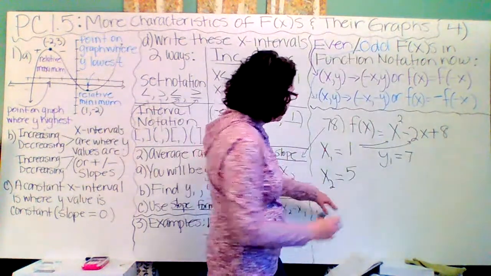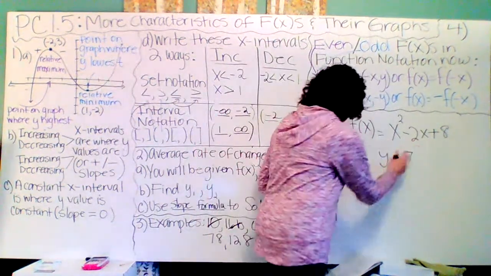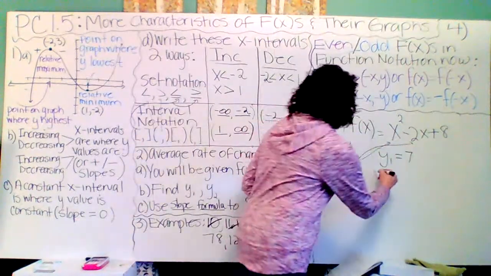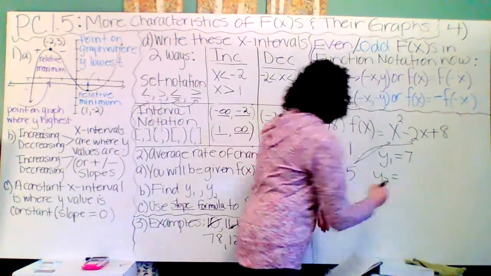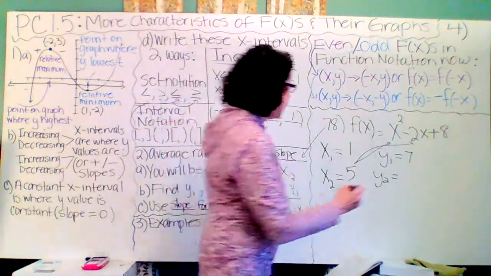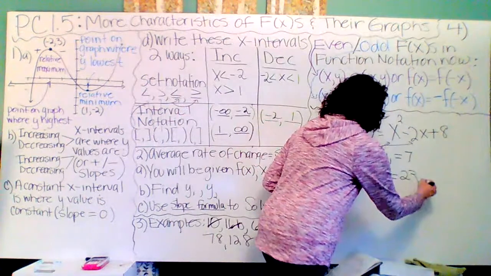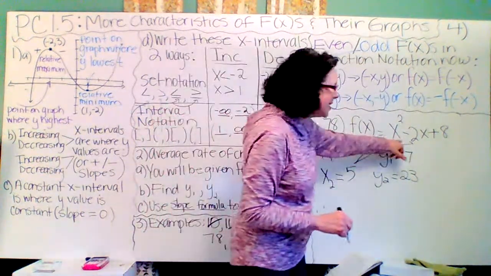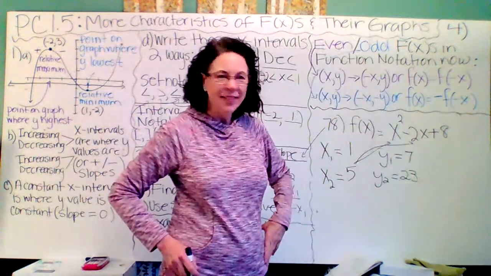Then you put the x2 in, there we go, to get the y2. Let's see, that would be 25 minus 10, that's 15 plus 8 is 23. I better check, it's late in the day, right? Okay, 25 minus 10, 15 plus 8, yeah, I'm good.